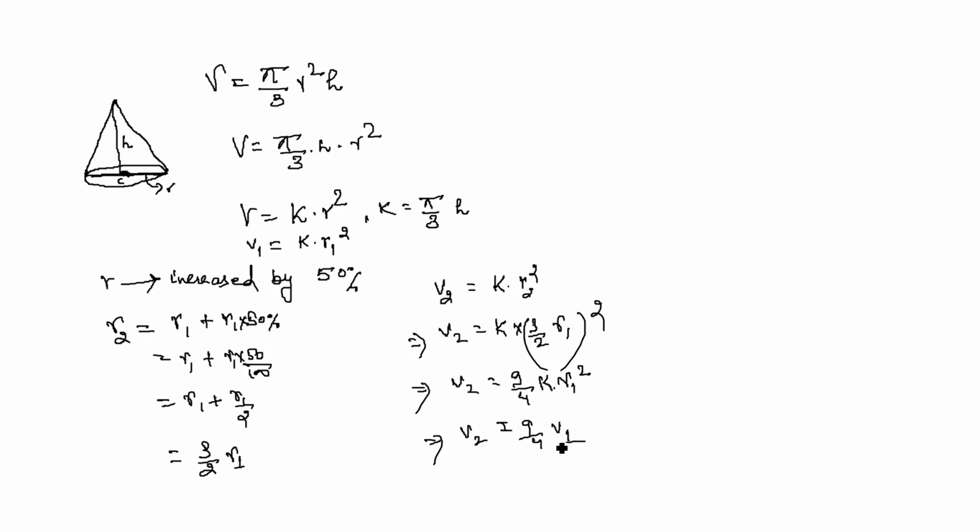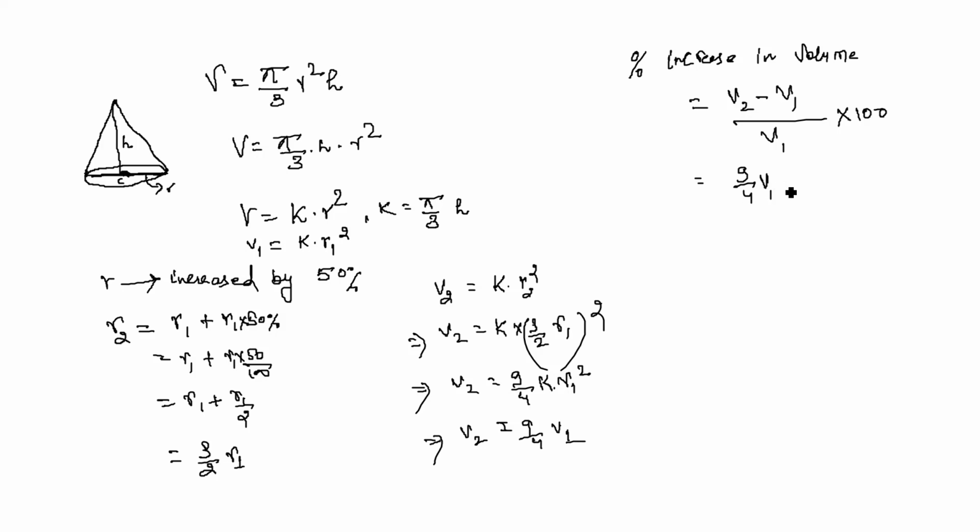So if we find the percentage increase in volume, it is equal to V2, the final volume, minus the initial volume, divided by the initial volume, into 100, since we are calculating it in percentage. So V2 is 9 by 4 V1, minus the initial volume V1, divided by V1 into 100.